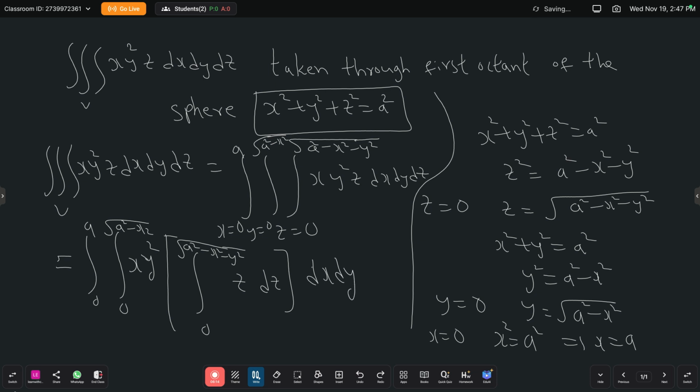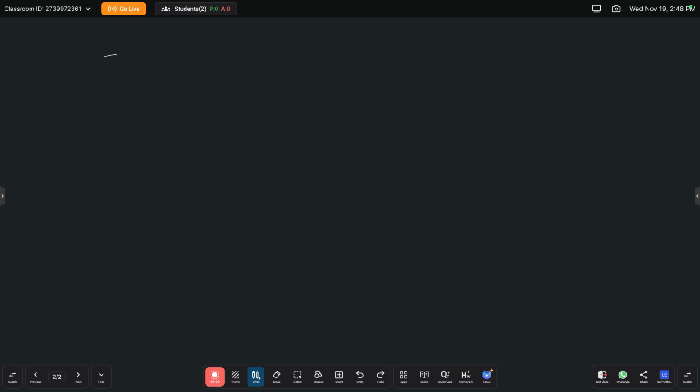Now we take the integral of z with respect to z only. So integral of z dz is equal to, which is equal to the double integral, integral of z is z square by 2.